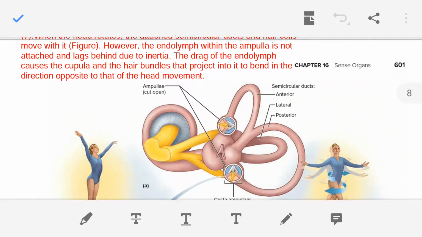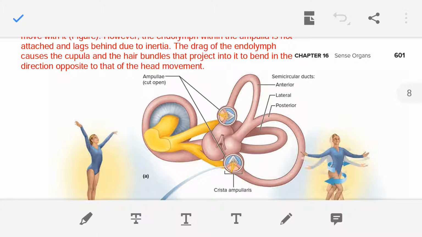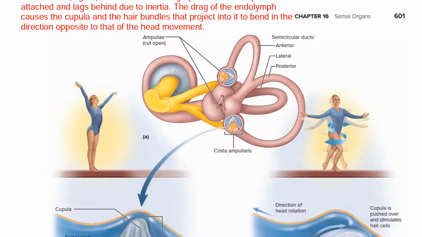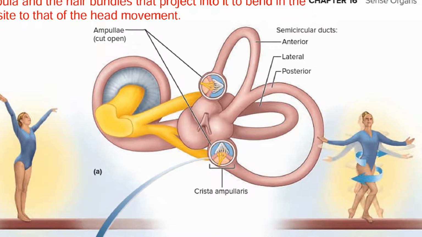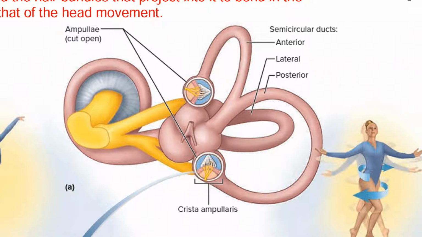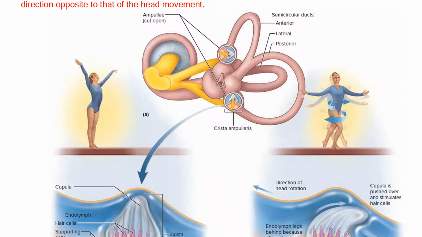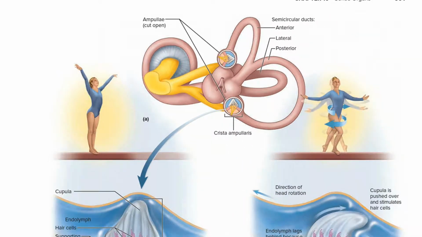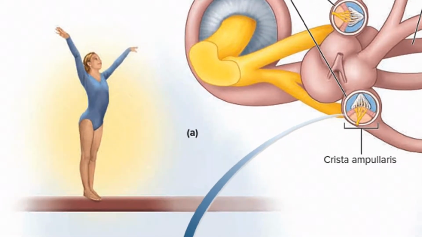So here once again, let's see this figure. You see the ampulla cut open, the crista ampullaris they are showing, the semicircular duct. And here you see this girl, and right now the girl's body is in a resting position.